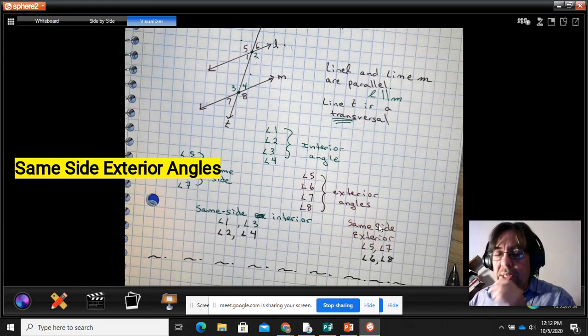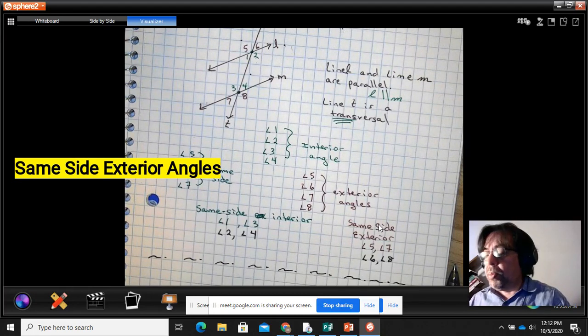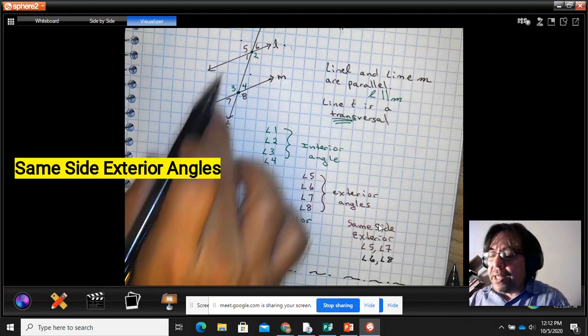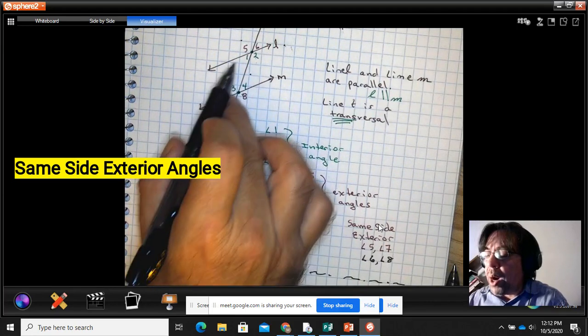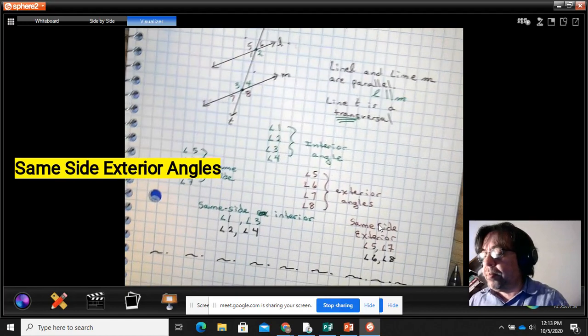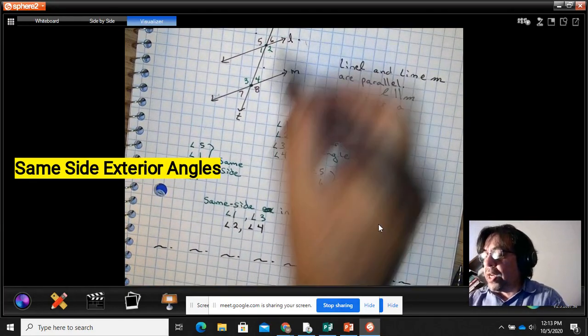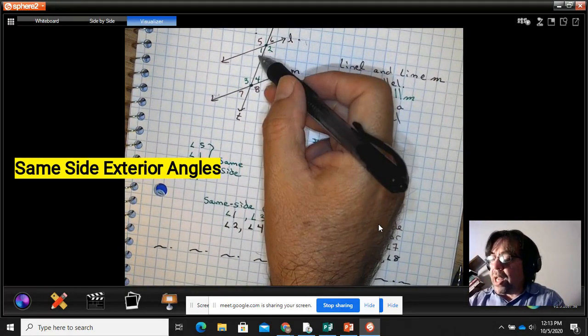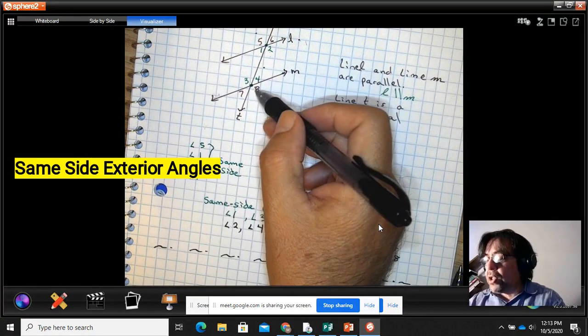There's another set of vocabulary terms that we've got to define. Well, what if they're not on the same side? For example, angle 1 and angle 8 are not on the same side. See this transversal? The 1 is on the left and the 8 is on the right.